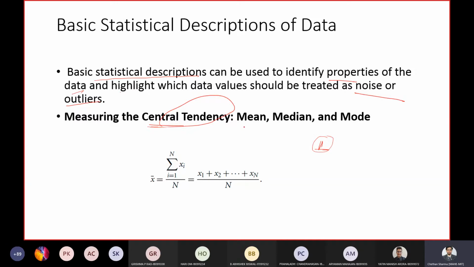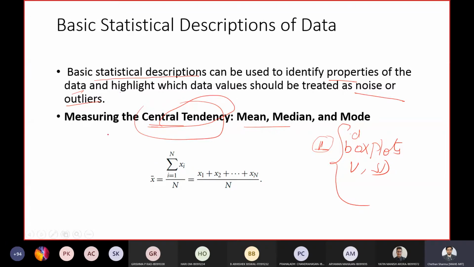We'll be studying data dispersion methods such as quartiles, interquartile range, the five-point summary, box plots, and variance and standard deviation. So central tendency is mean, median, and mode, and apart from this there are multiple dispersion measures which give you an idea about how the data is spread out. We'll study all this one by one.